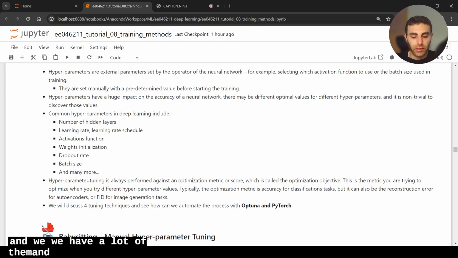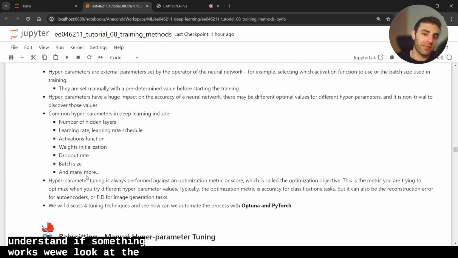Usually, to understand if something works, we look at the optimization metric or the task objective. So, for example, classification accuracy, or for image generation, we use something like FID, or the reconstruction error for autoencoders. And we determine whether this set of hyperparameters works based on this objective.